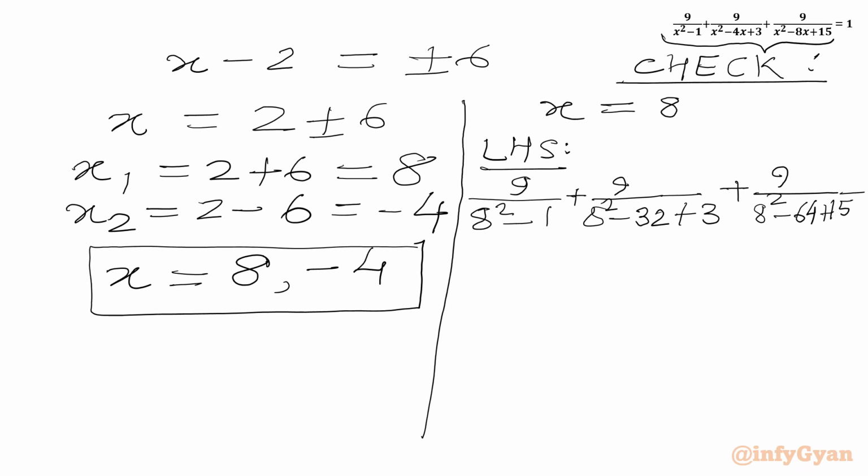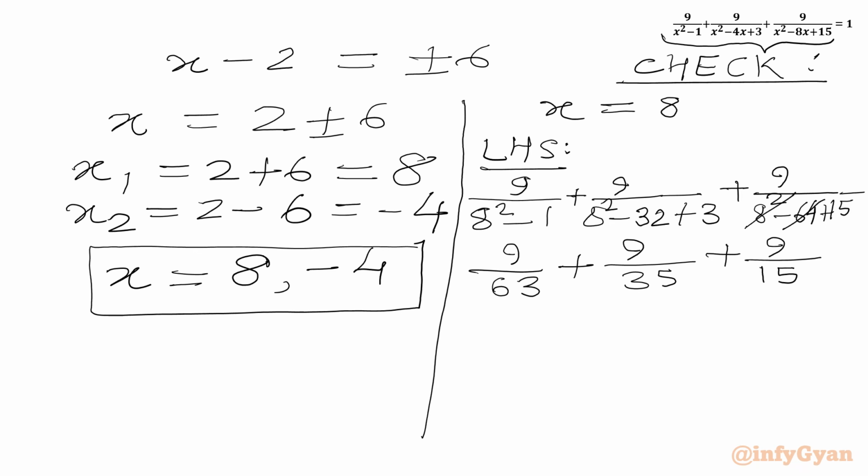Now 8² is 64, so we will cancel 8² with minus 64. Here we write 9 over 8² is 64 minus 1, 63, plus 9 over 64 minus 32 is 32 plus 3, 35, plus 9 over 15.